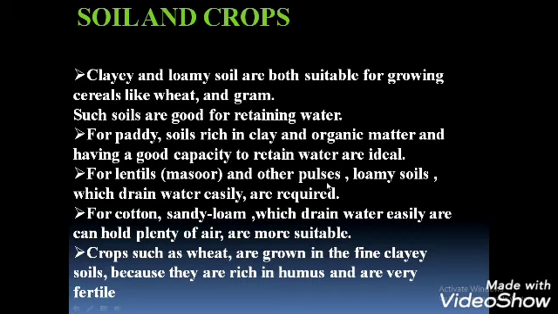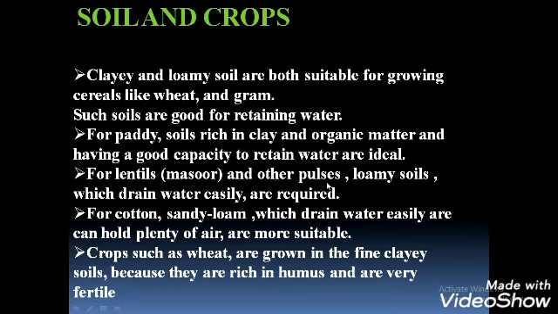So we can say that soil has absorption capacity. Okay, so these are the properties of soil. First one, percolation rate. Second one, moisture of soil. And third one, absorption of water by soil.